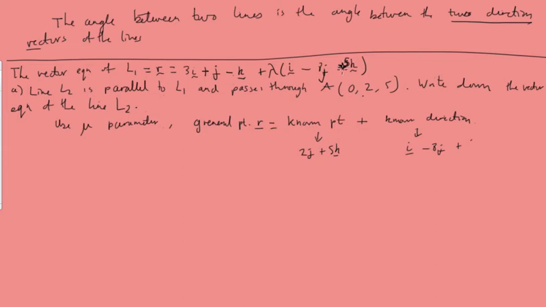It's really badly written. So our line 2 is going to be 2j plus 5k plus mu times i minus 8j plus 5k.